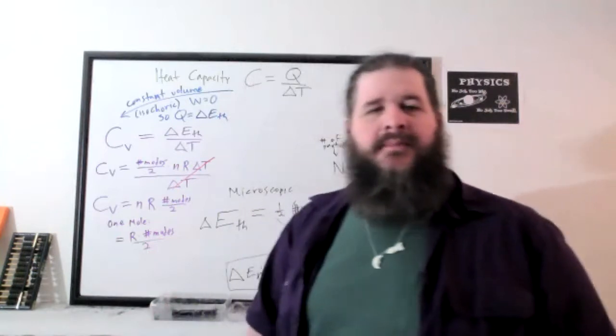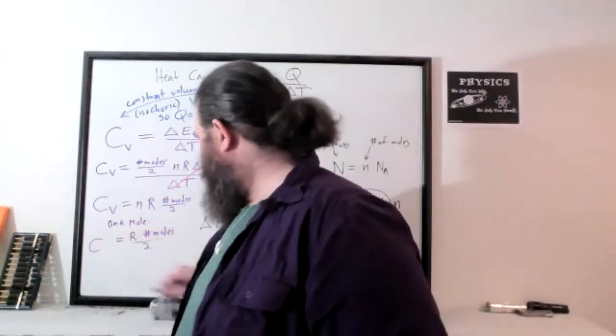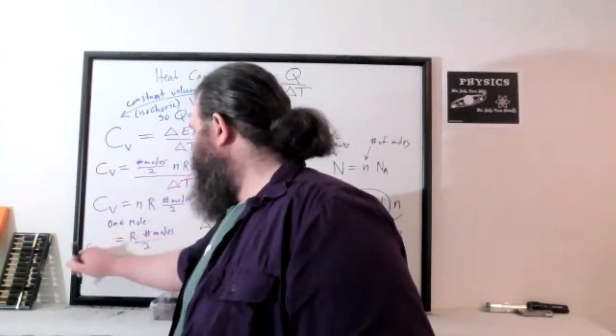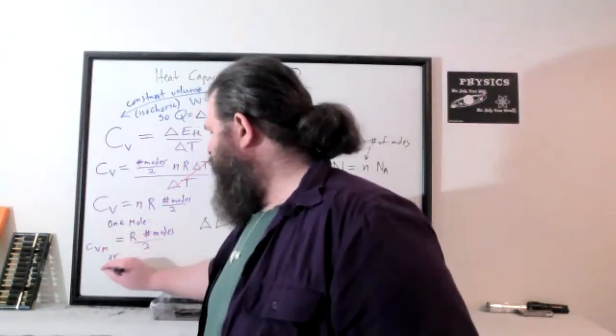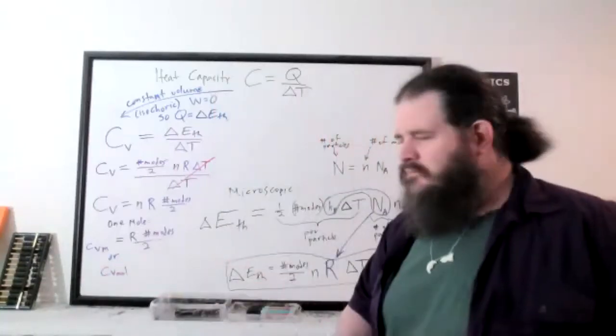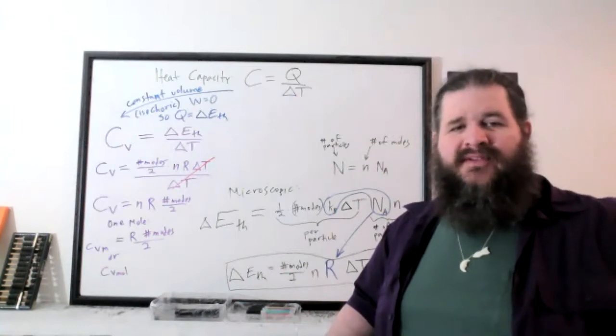And so we call that the molar constant volume heat capacity, usually written as lowercase c, C sub V n, or sometimes C sub V small. Sometimes called the molar heat capacity or the molar specific heat.